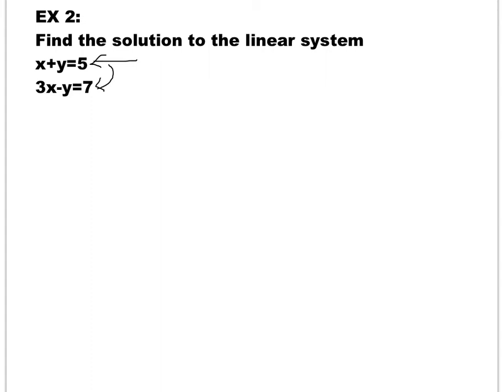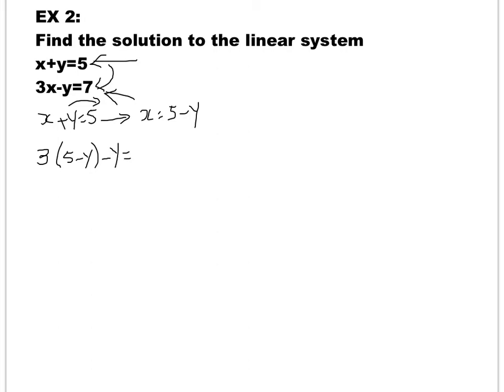So from the first equation I can say that x plus y is equal to 5. I move y to the right, so I get x is 5 minus y. Now I put this x back in the second equation. So I'm going to say 3, open bracket, 5 minus y, close bracket, minus y is equal to 7.